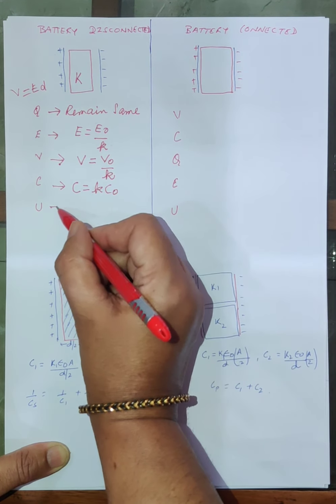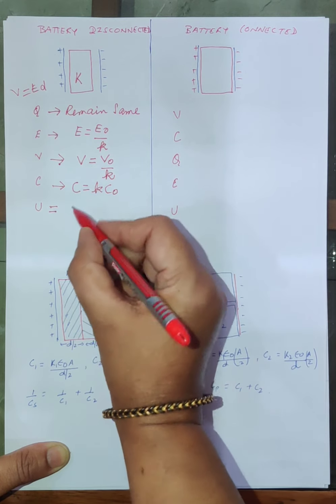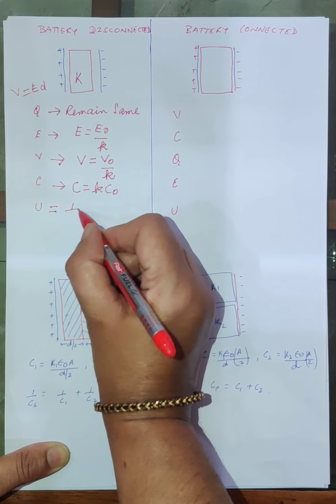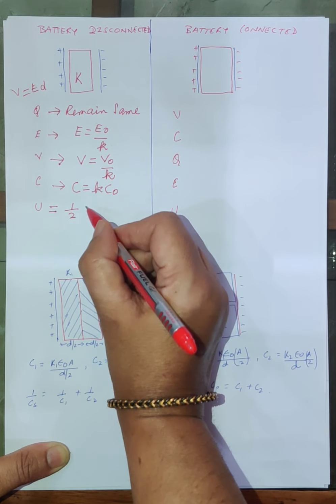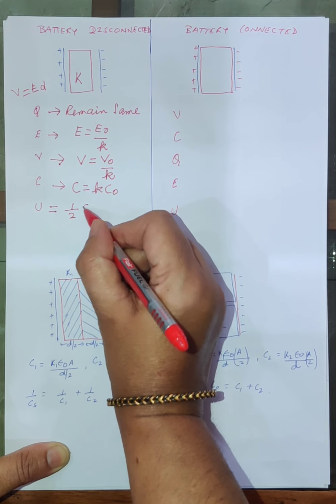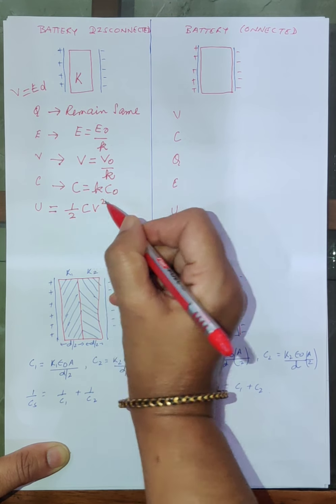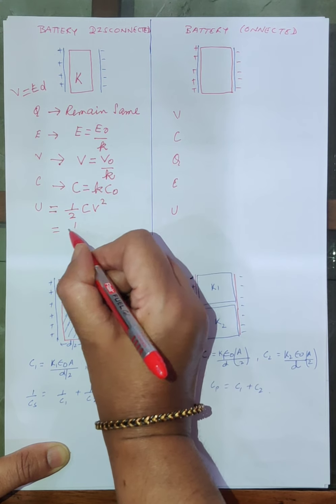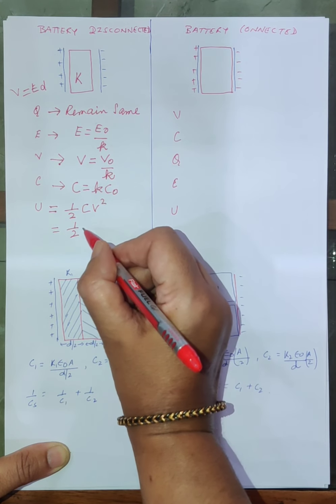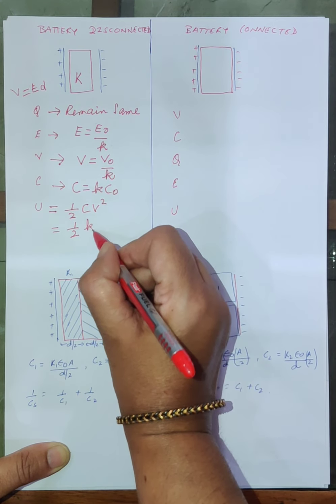And now what will happen to my energy? You know that the energy is equal to half into CV square. Now what is my C after introducing the dielectric? This will become K times C naught.